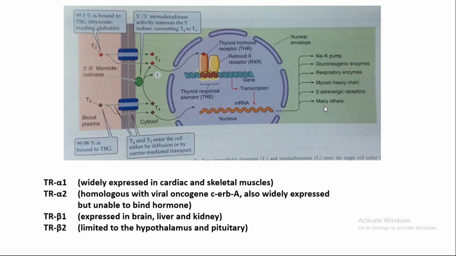So almost all the tissues are targets, except a few tissues where function is reduced.